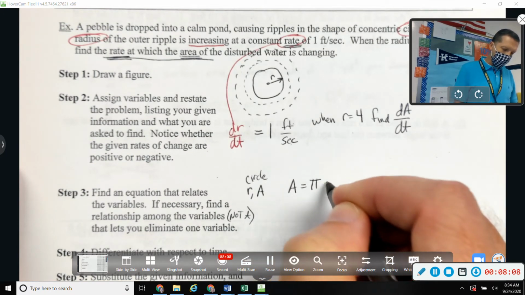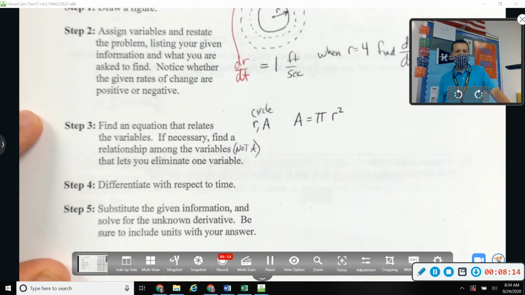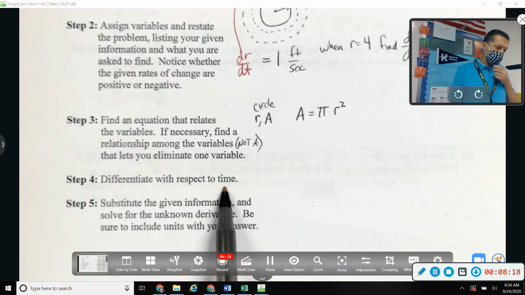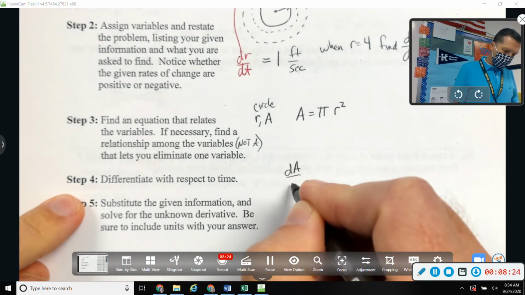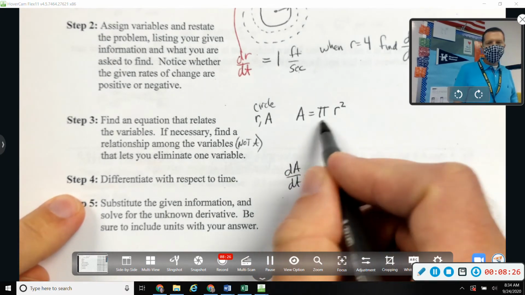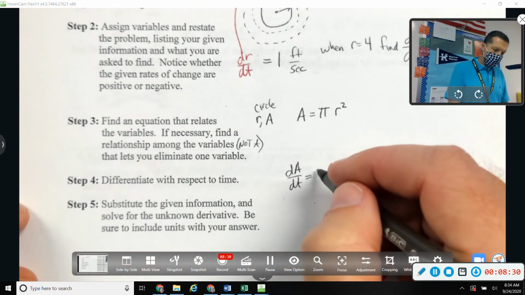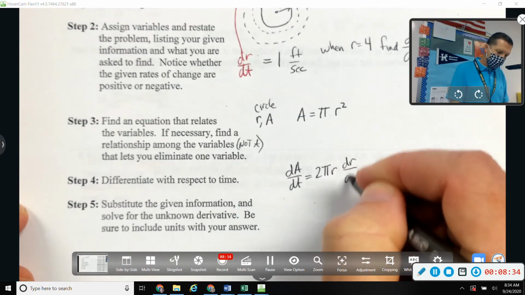How about area equals pi r squared? Differentiate with respect to time. Again, that's what you did yesterday, that was the homework from yesterday. In fact, I think we did this one two or three times within that homework. So dA/dt equals 2 pi r dr/dt.